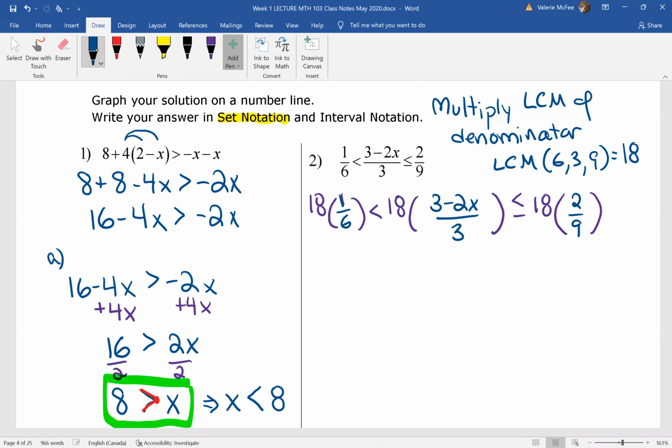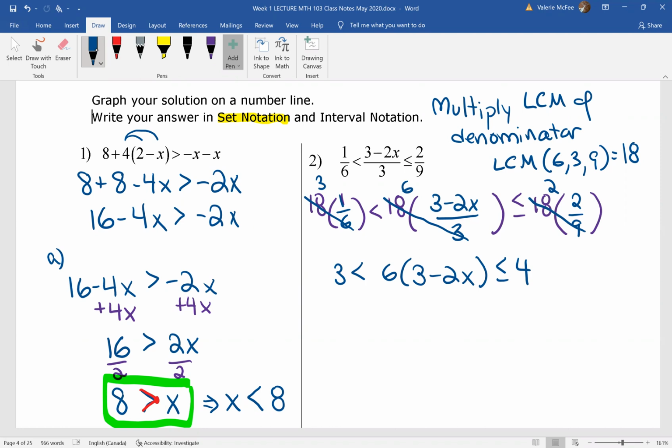And that is, of course, very good. 18 divided by 6 is 3. 18 divided by 3 is 6. 18 divided by 9 is 2. And 2 times 2 is 4.